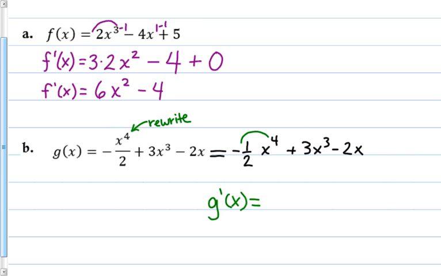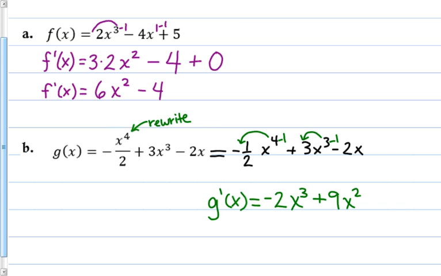Okay, what is 4 times a negative half? That's negative 2. And then x, and then my 4, I have to subtract 1, and I end up with 3. Okay, plus, bring my 3 to the front, multiply it with the 3 that's already there. I have 9, and then x, and then my original exponent that was a 3 or a cube, I subtract 1, and I end up with a square.